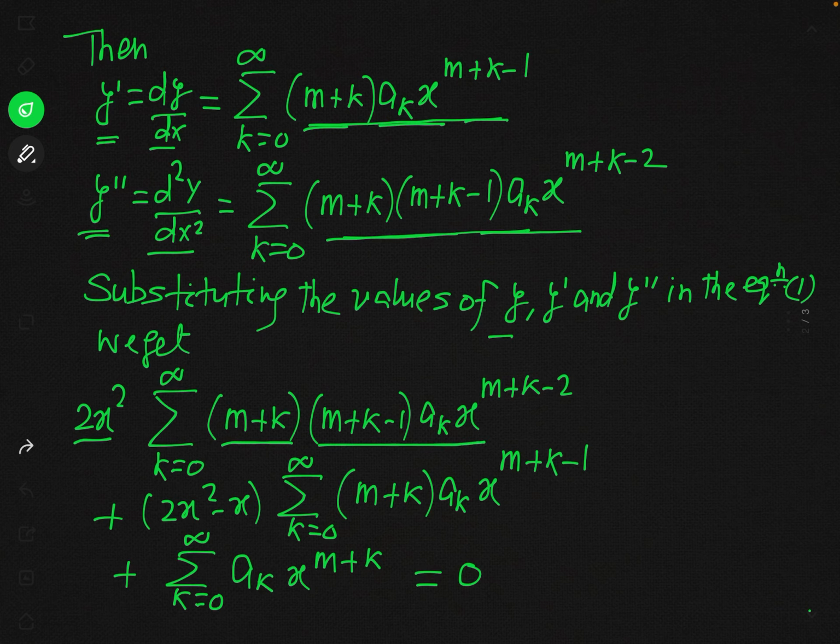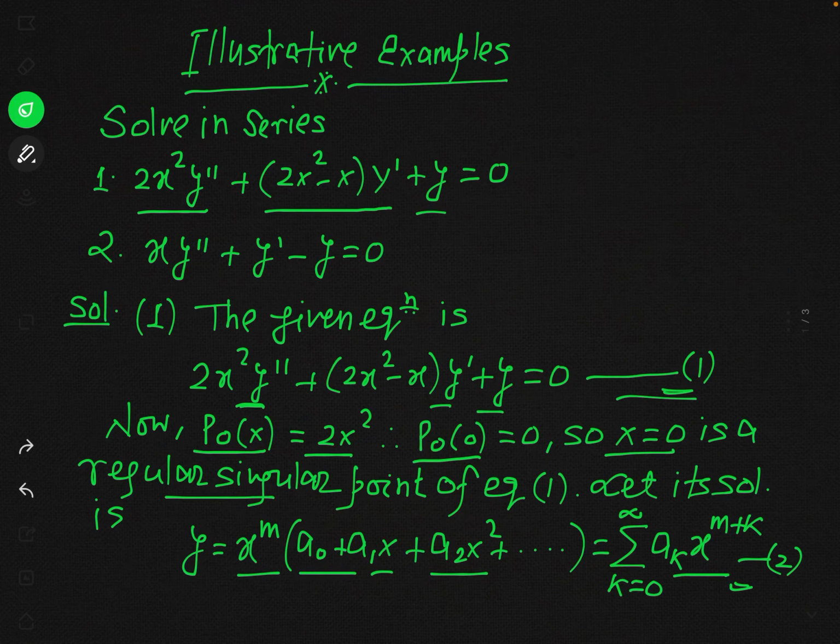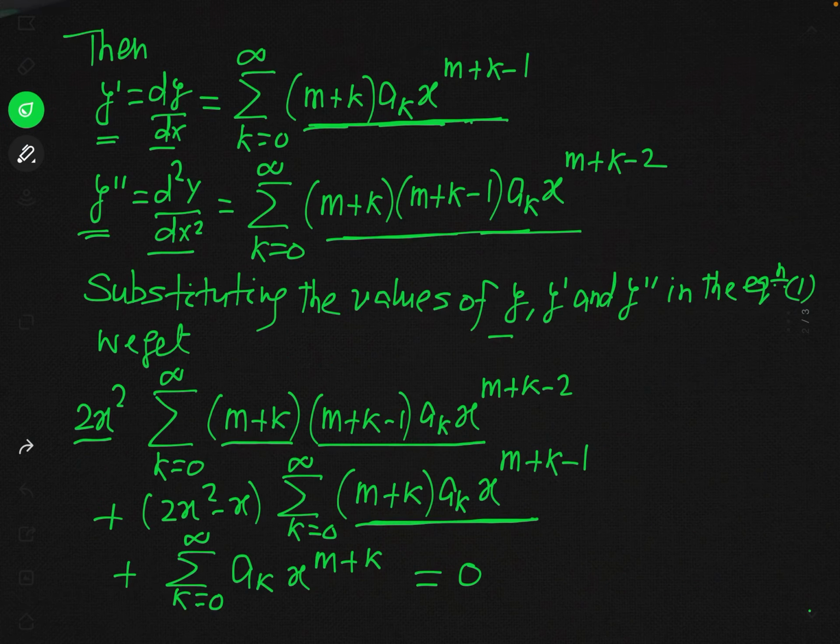Then the second term is (2x square minus x) into y prime, so let us substitute the value of y prime here. And then the last term is simply y, so we will substitute at the place of y this series, and that will be equal to 0.